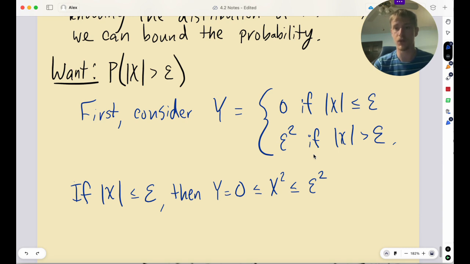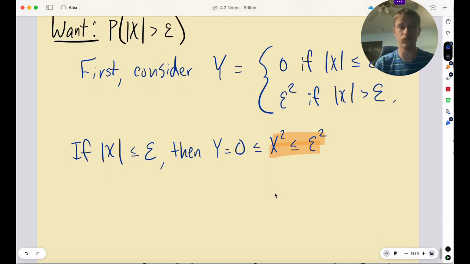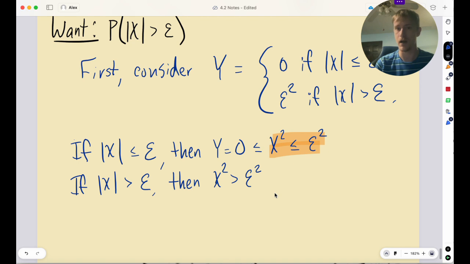So the key part that I wanted you to get is this part. Now, if we have that the absolute value of x is greater than epsilon, then what do we have? Well, then x squared has to be bigger than epsilon squared. But epsilon squared is equal to y.